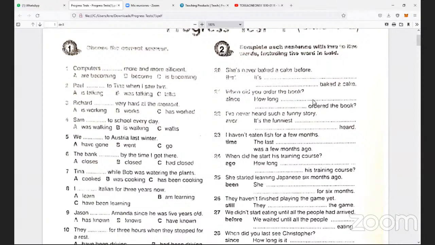Okay, so how could we translate? ¿Hace cuánto ha sido desde que tú ordenaste el libro? Oh, claro, ordenaste el libro. Okay, so number 22.